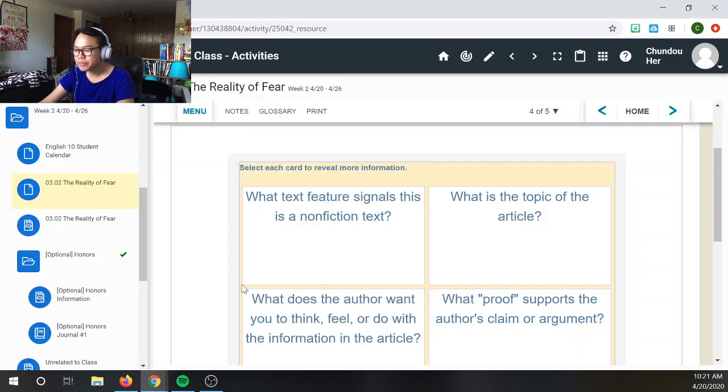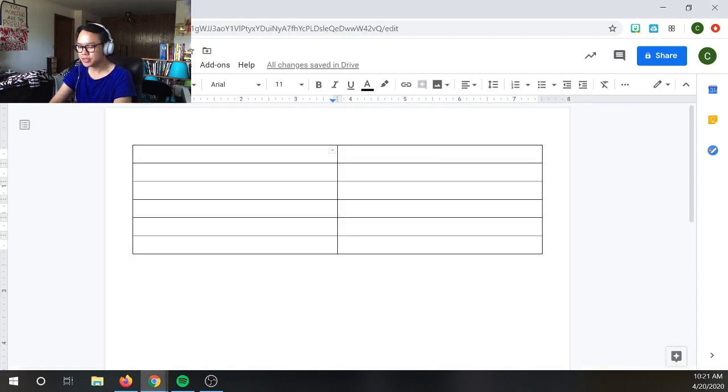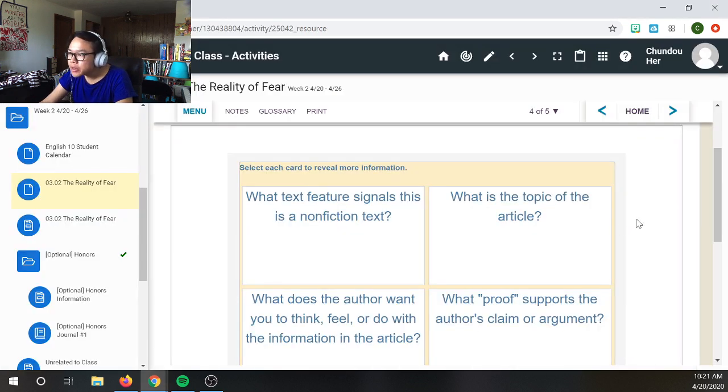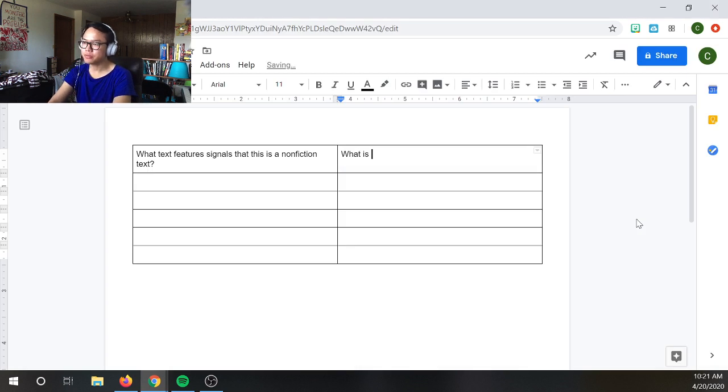Okay, so the first one is what text feature signals this is a nonfiction text? And second thing, what is the topic of the article?